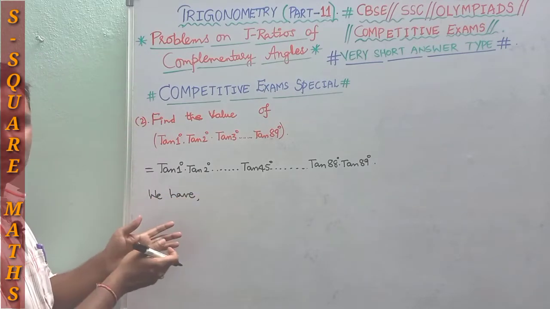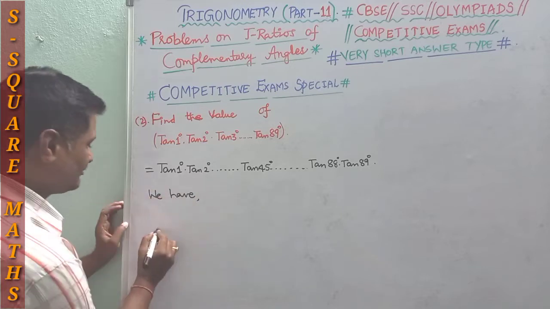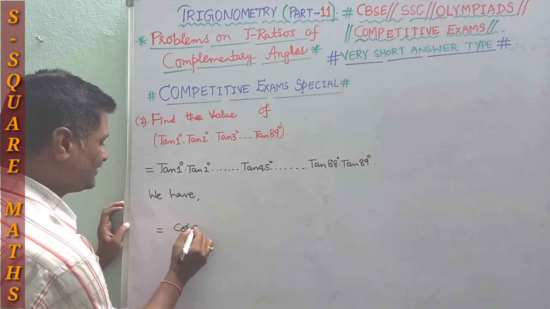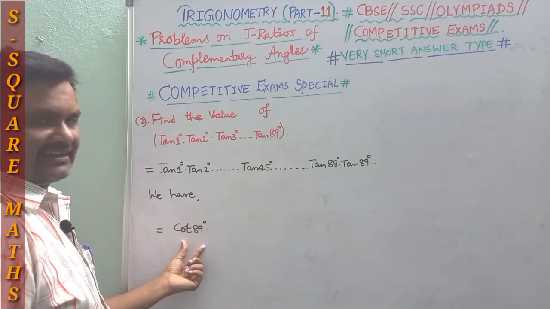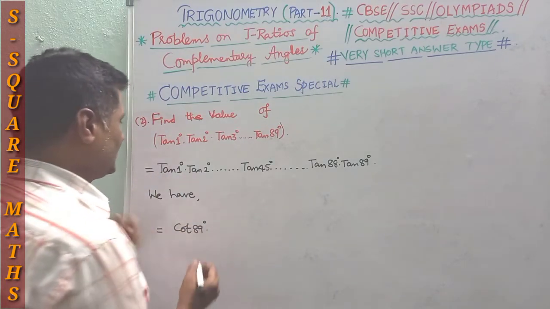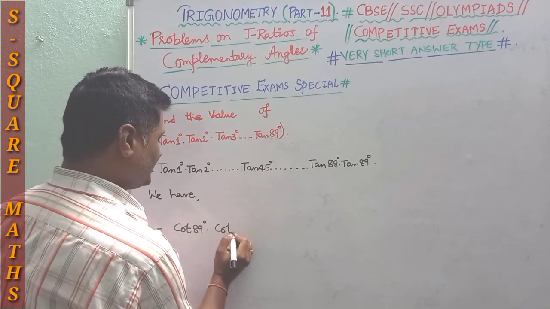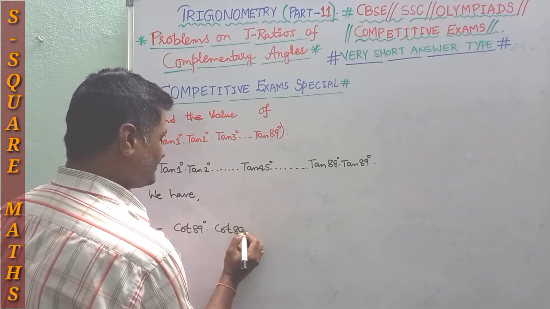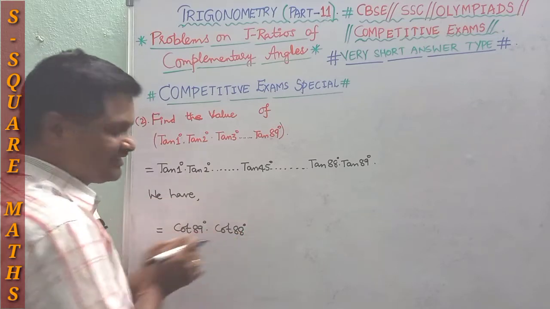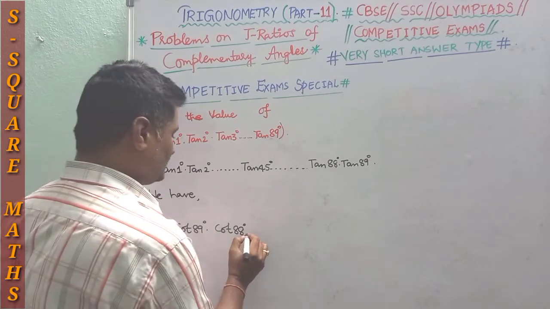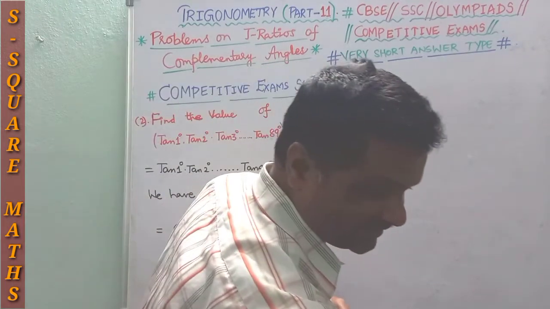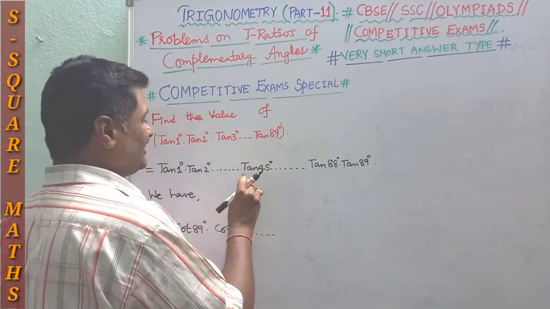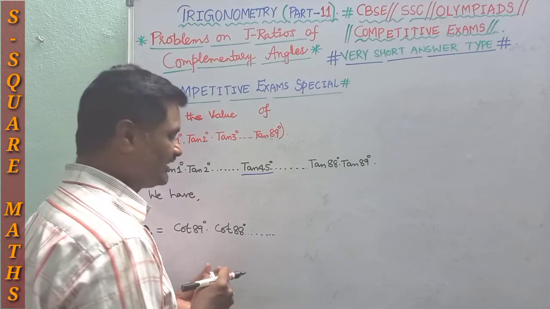So whatever we are going to do, that I am going to write here, nothing but cot 89 degrees. Tan 1 degree can be written as that. Okay. So this is cot 88 degrees. Tan 2 degrees can be written as that, and so on. We know that tan 45 degrees is always 1.